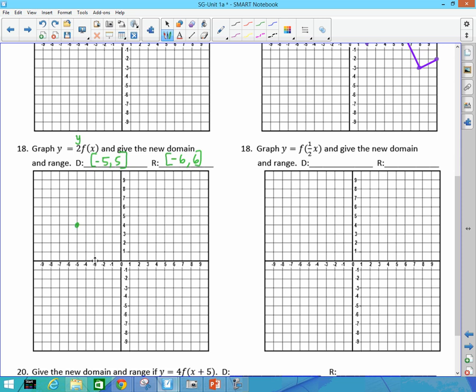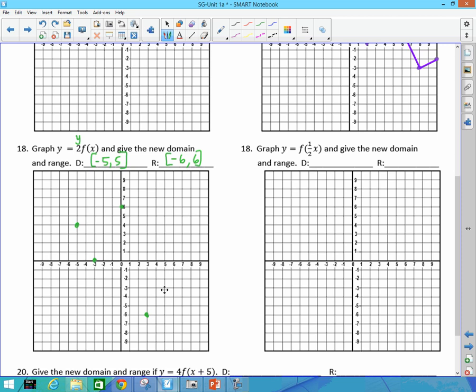-3, 0. The y value is 0. That 0 times 2 is 0. 0, 3. The y value is 3. 3 times 2 is 6. What's the next point? The next point we have is 3, -3. And -3 times 2 is -6.